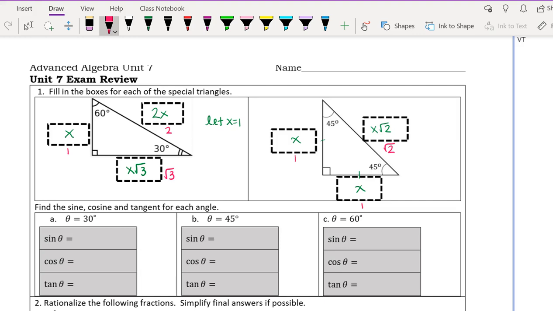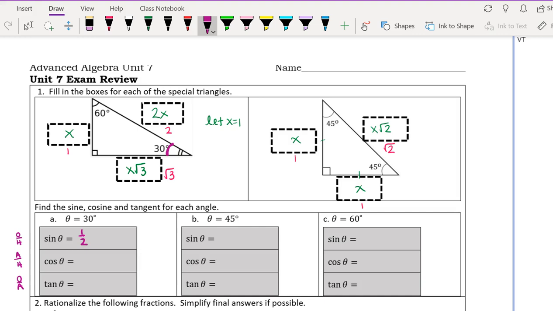All right, so for the sine of theta, if theta is 30 degrees, with 30 degrees, we're using this as my reference angle. Remember, sine is opposite over hypotenuse. Cosine is adjacent over hypotenuse. And tangent is opposite over adjacent. So the sine of 30 is 1 over 2, which is 1/2.